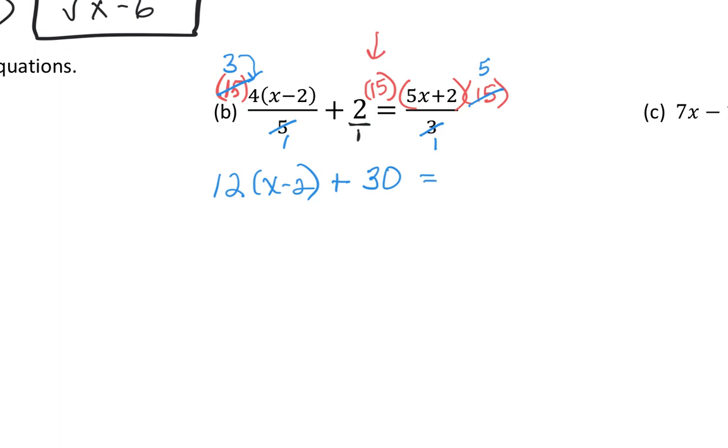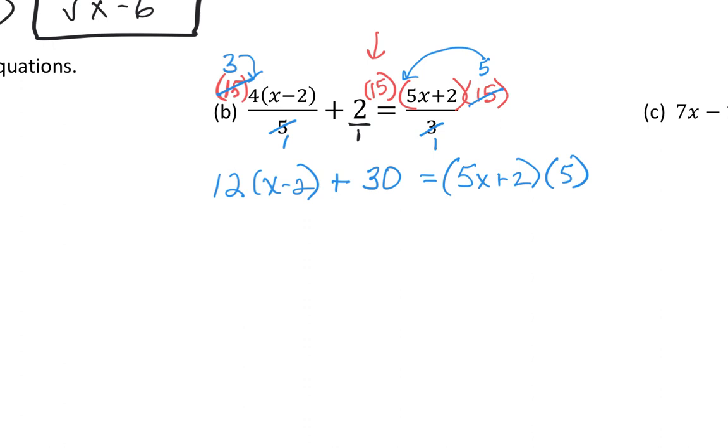Equals, and then we're going to multiply 5 through 5. I'll take it in steps. Times 5. You could have put that 5 in the front if you wanted to. Doesn't matter. Now we have no more fractions. We have a regular equation.